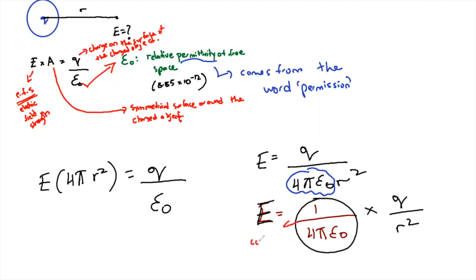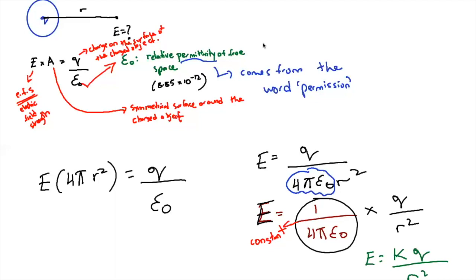And that's where I introduce a new constant, K. So E is equal to KQ divided by r squared, and this K is the new constant. So your final formula, you can use both of them, it's your choice. But we can also write it as KQ divided by r squared.